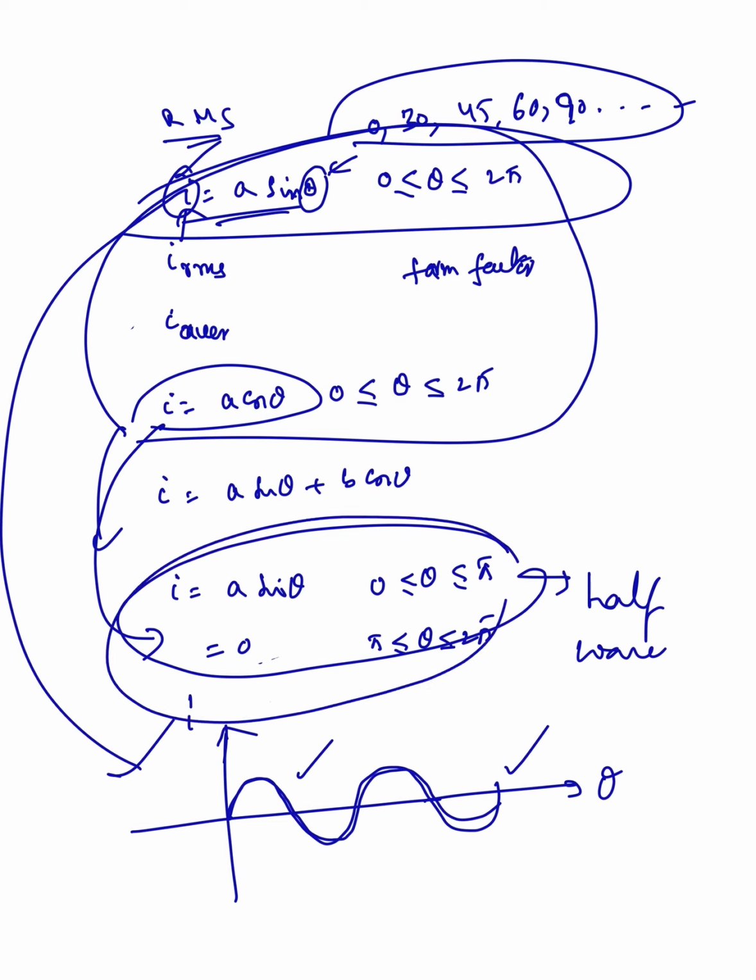Same time, what is this graph? For this, 0 to pi is there, this is pi, this is 2 pi again. So from here to here is one cycle, and the same thing will be repeated in another cycle.